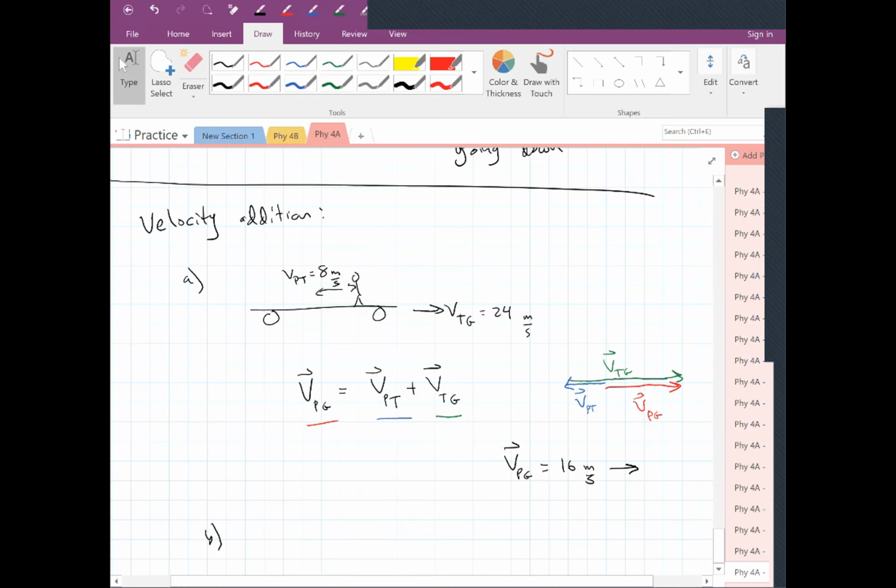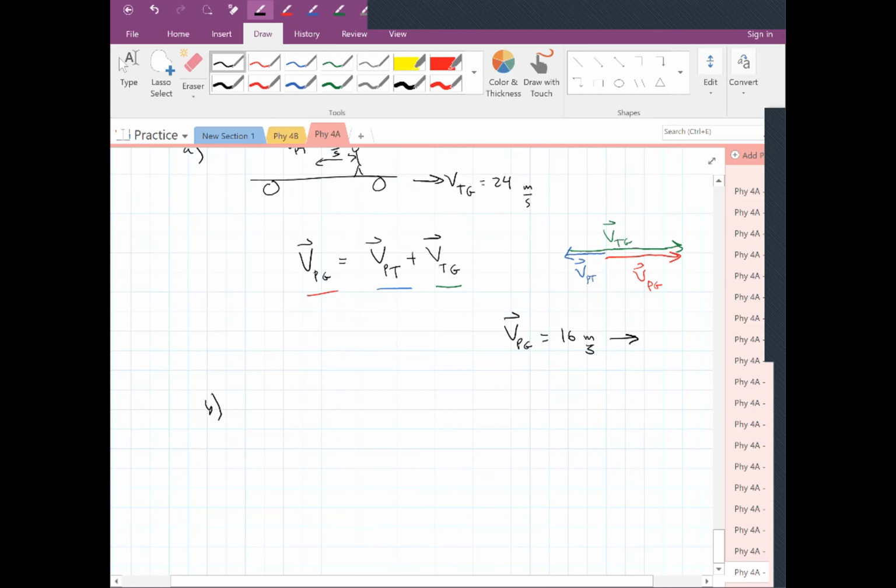Think about it this way. Well, let's just do the example here. Let's do this one. We've got our person moving in the same direction as our train. Let's have this to be 20 and this be 12.